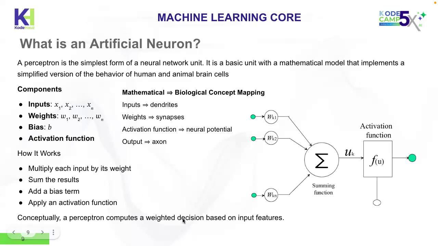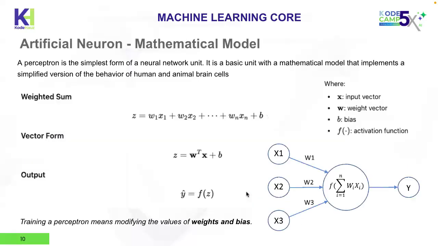Conceptually, a perceptron computes a weighted decision based on input features. I prefer the word neuron for a single element, but if you check the definitions, a neuron is actually used for the biological neuron, while a perceptron is used to mean the mathematical model that mimics the neuron.